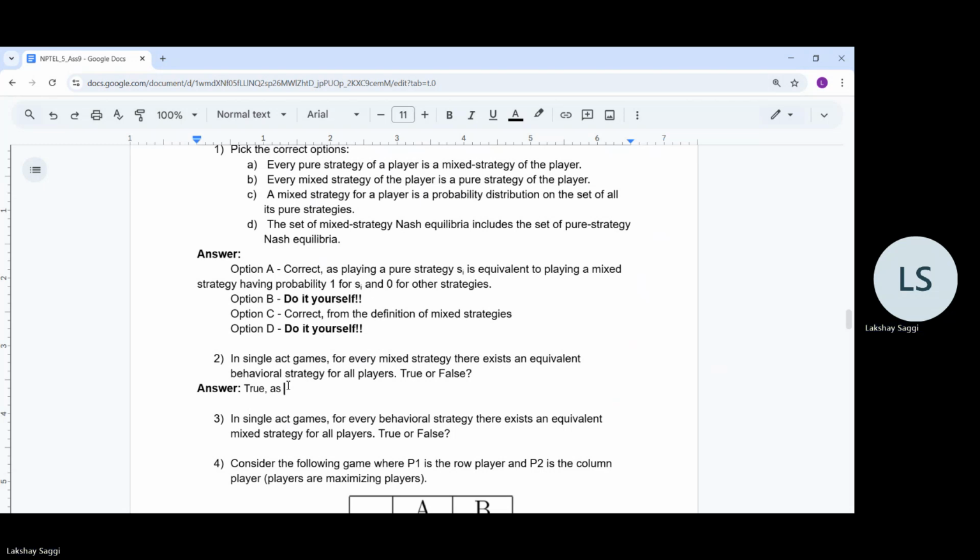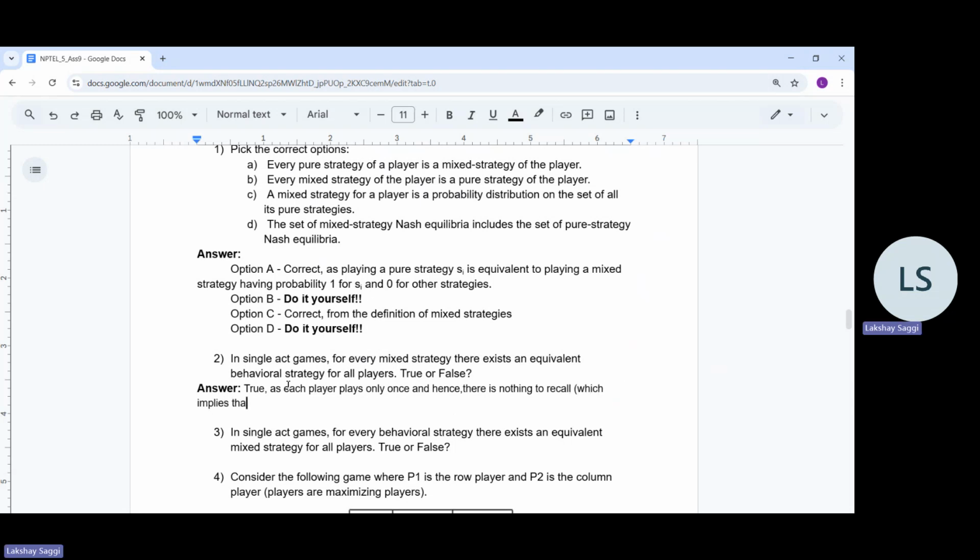Each player plays only once, and hence there is nothing to recall, which implies that the player has perfect recall.